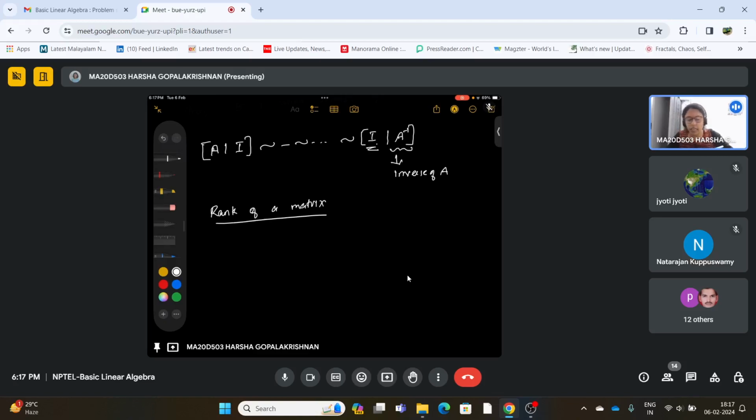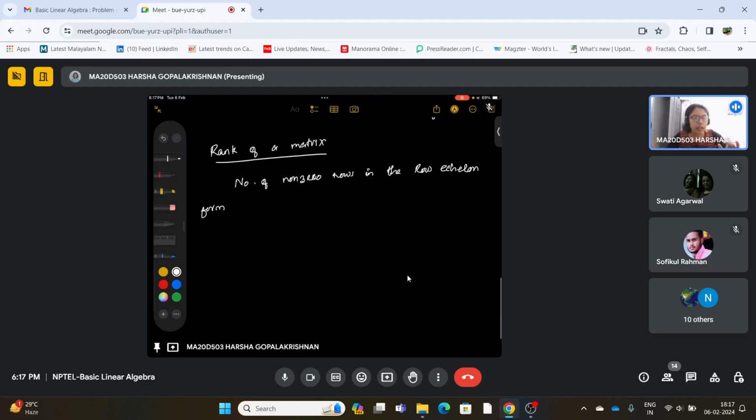Can anyone say what the rank of a matrix is? The rank of the matrix is just the number of non-zero rows in the reduced form, that is, the number of non-zero rows in the row echelon form or reduced row echelon form. Anything is okay. So that is the rank of a matrix.